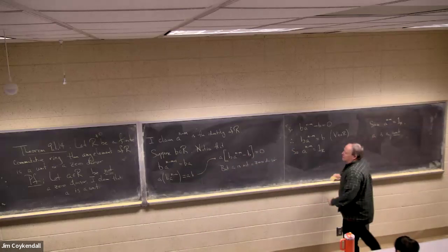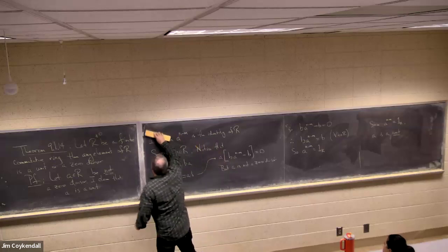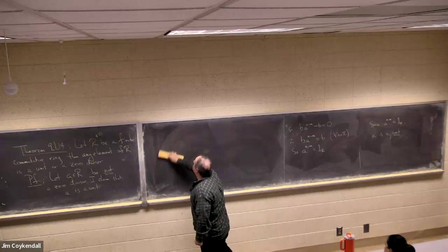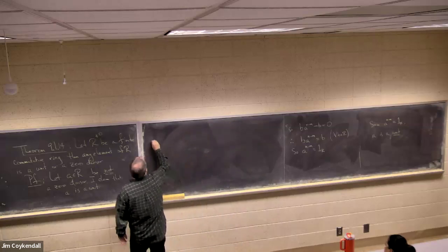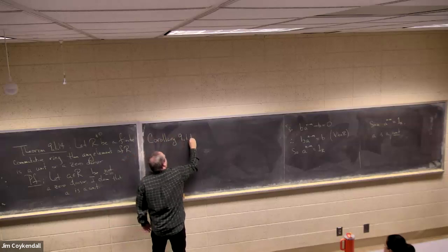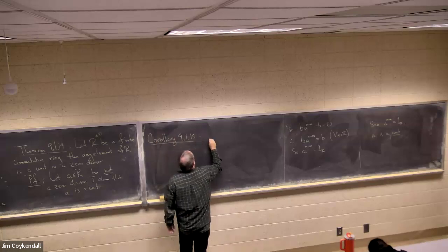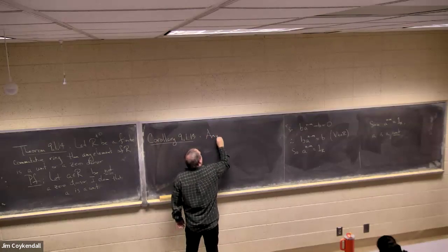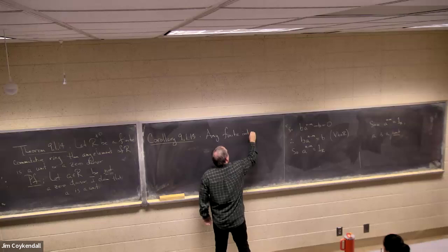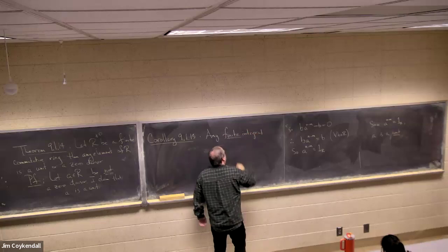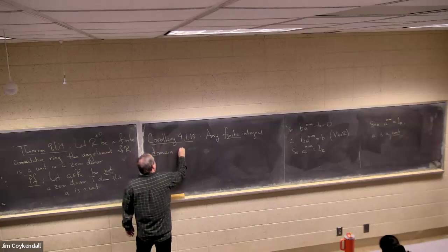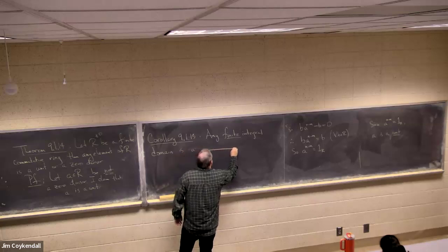Here is the famous corollary to this that I promised. It's kind of cool that in any finite ring, everything is either a zero divisor or a unit. Corollary 9.15: any finite integral domain is a blank.